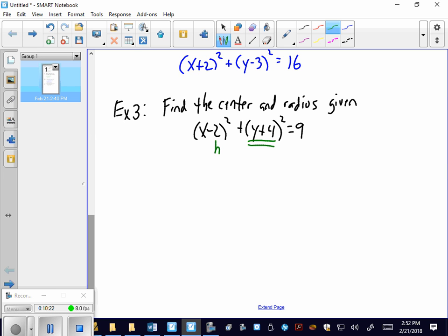That's not y minus something, it's y plus something. Well, in order for us to get that, that would have had to have come from y minus a negative 4. That's the only way we'd have gotten a y plus in there. So that means k is negative 4. And then r, because remember that 9 is r squared. So this r, oops, shouldn't be an equal sign there, sorry.